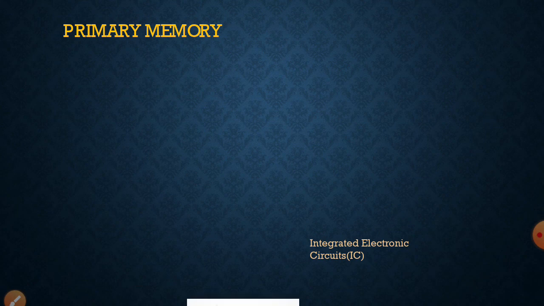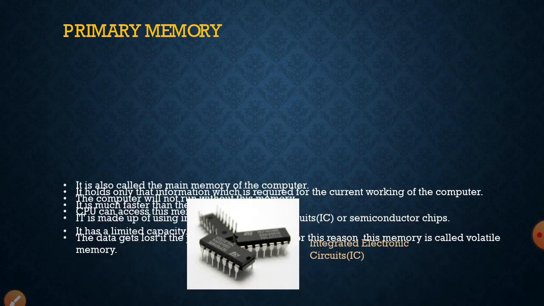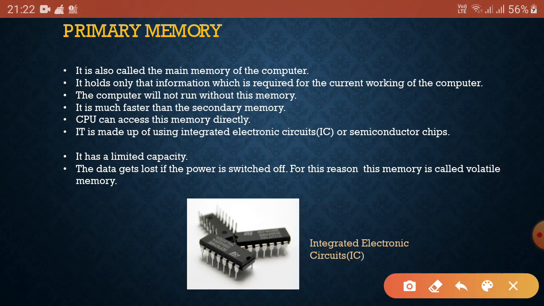So now the primary memory. What is the primary memory? We have to learn first. The first point is, it is the main memory of the computer, so the computer cannot run without this memory. Main memory is a must inside the computer.